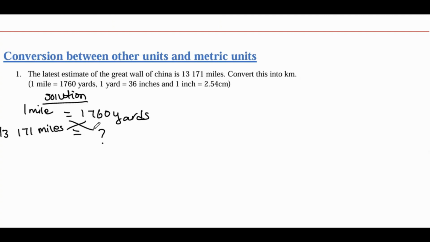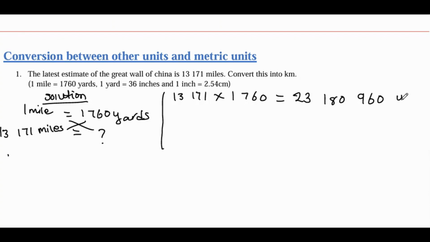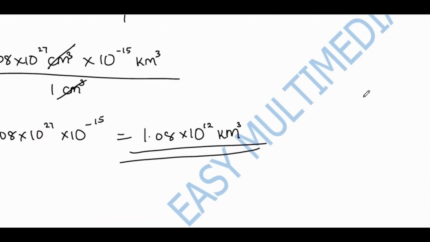You cross multiply. Now we have 13,171 multiplied by 1,760, which yields 23,180,960 yards.